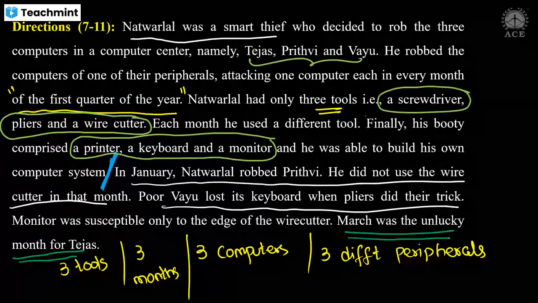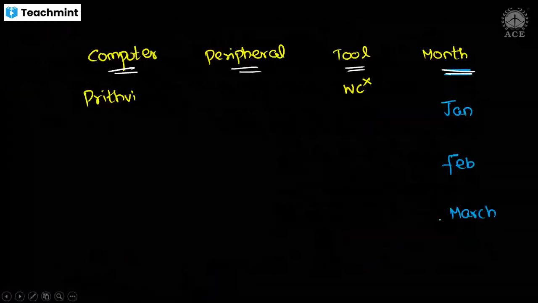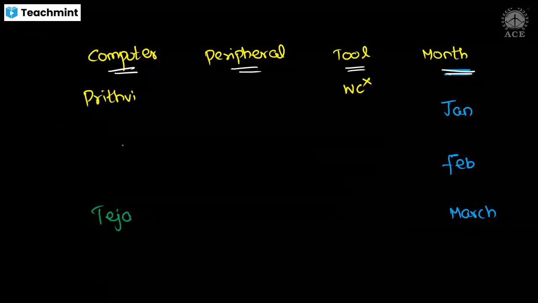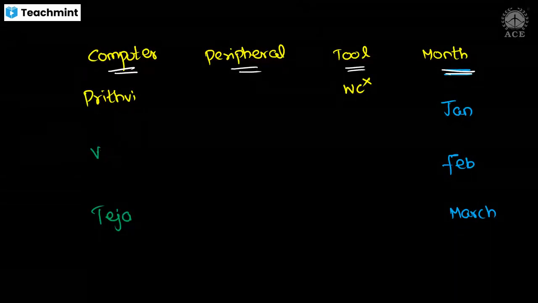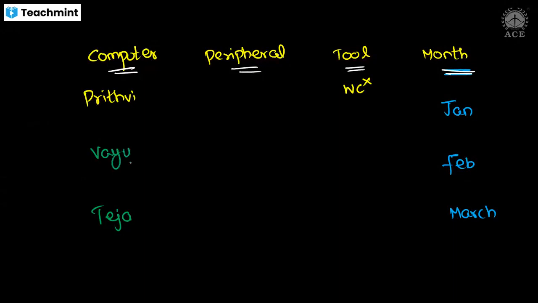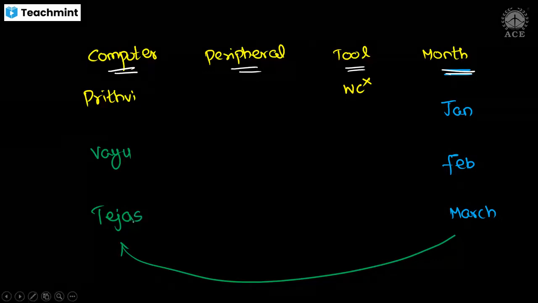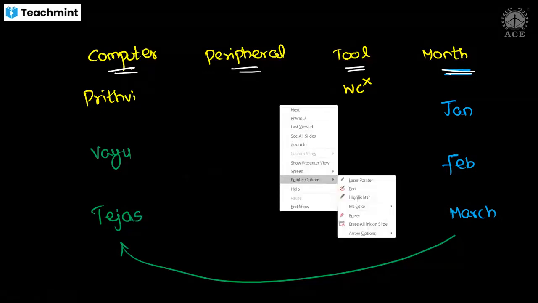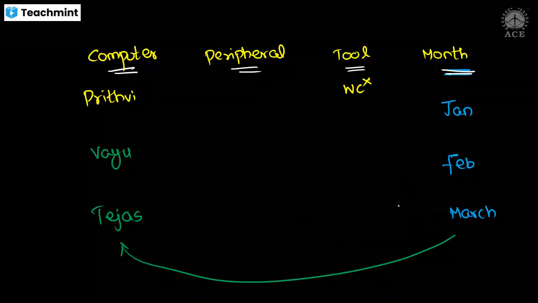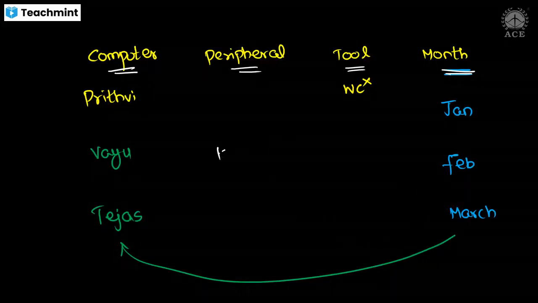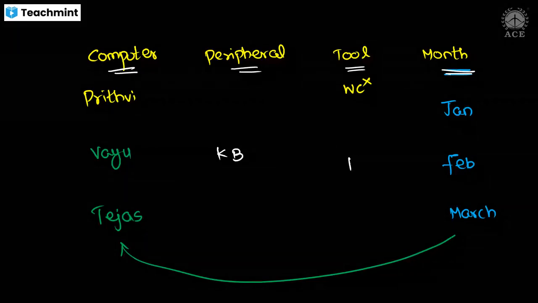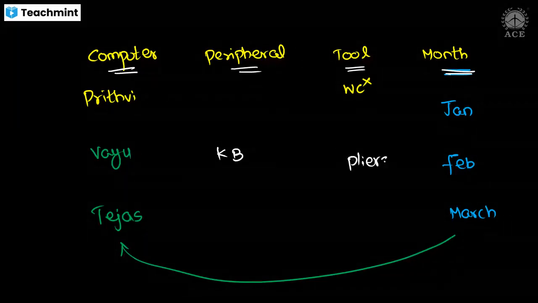So I can say in March Tejas is robbed. Vayu is robbed in February, because they said clearly in the question that March is unlucky for Tejas. So we can consider Tejas's computer is robbed in March, and from that we can say Vayu is in February, and they mention clearly in the data that Vayu lost the keyboard using pliers when Players did the trick.